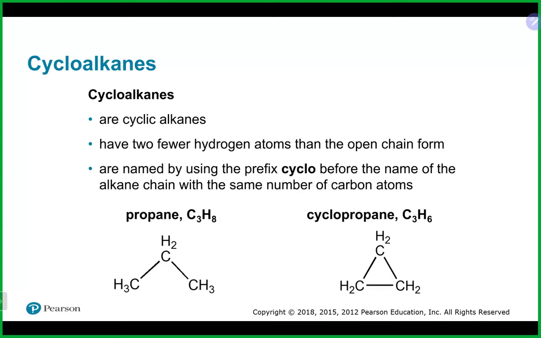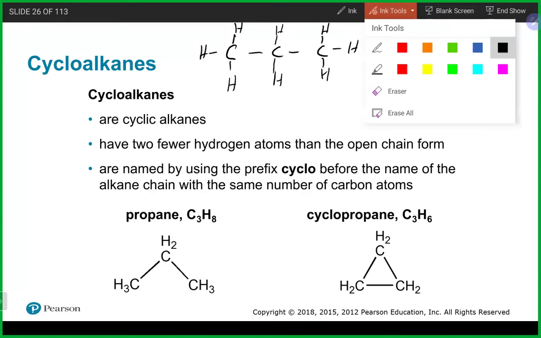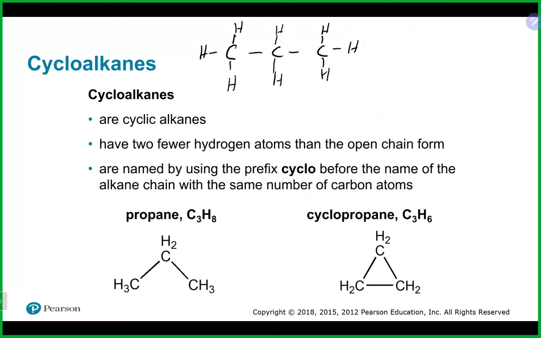So for example, if I had propane, which looks like this, and I decided I wanted to take the ends here and put them together and let them bond together.